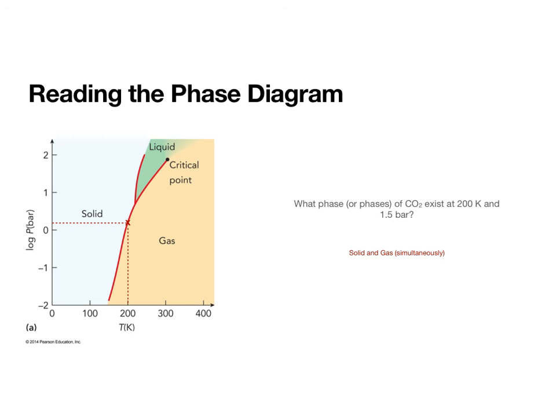We need to make sure not to raise the pressure so high that our CO2 turns into a liquid, or lower our temperature so far that our CO2 turns into a solid. Okay, so phase diagrams are really there to help you figure out what changes and what states exist at different temperatures and pressures.